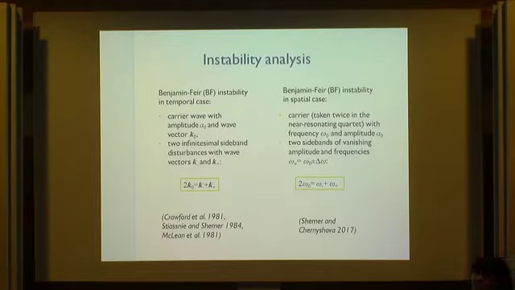So there's such a thing as Benjamin-Feir instability, which claims that if we take one carrier wave with significantly big amplitude, and on the side of it, in the temporal domain, two sidebands with infinitesimally small amplitudes at equal distance, that means that there is some kind of maximal growth rate step between carrier and sidebands, and if we put sidebands at this distance, that means that they will significantly grow, in an exponential way, with time.